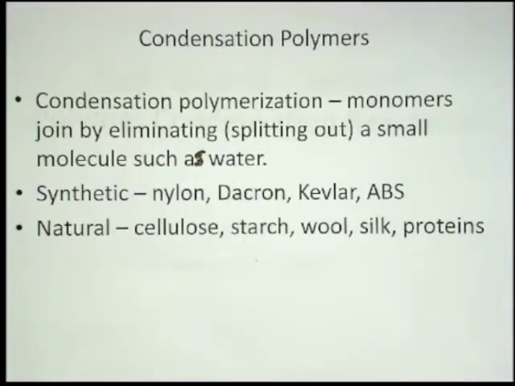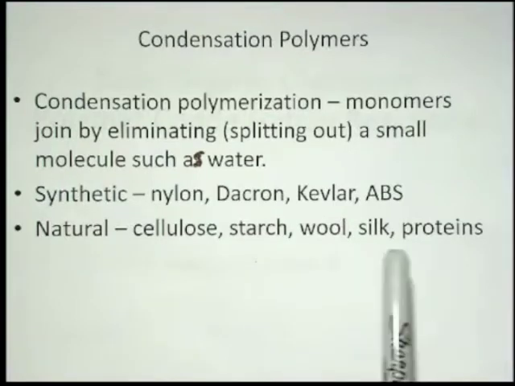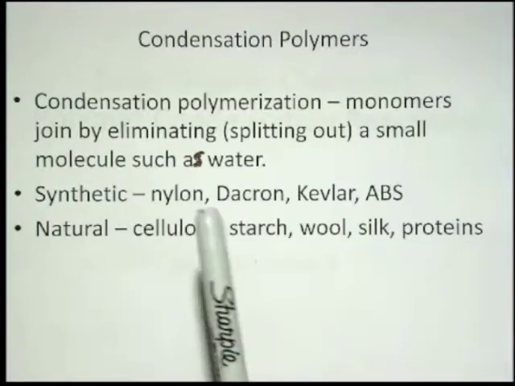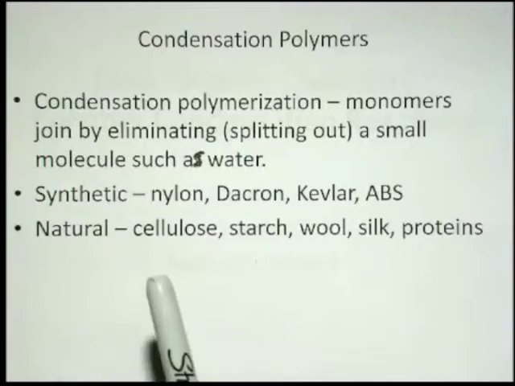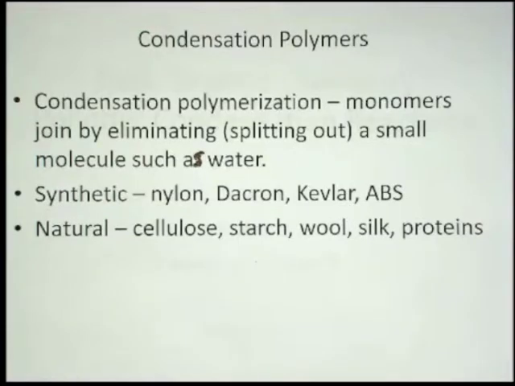There are synthetic and natural condensation polymers. We mentioned before, natural ones, for example, cellulose, starch, wool, silk, and proteins. Synthetic ones are nylon, Dacron, Kevlar, which is the synthetic material used in bulletproof vests, and ABS.